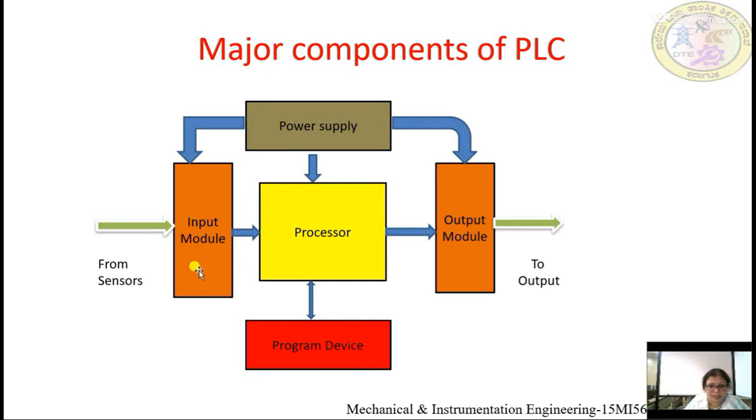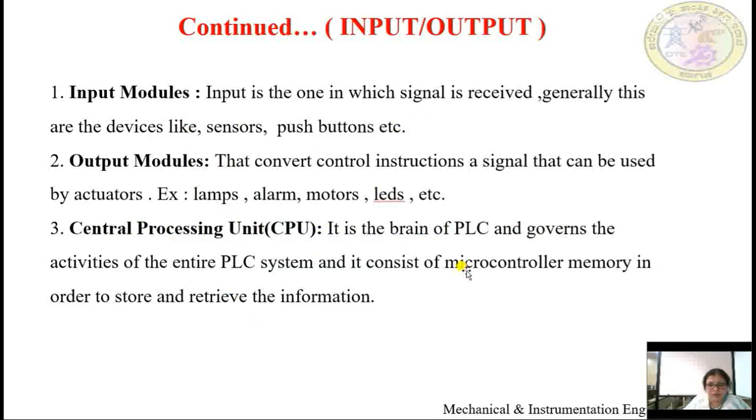As we discussed in the major components of PLC slide, there is the input module and the output module. The input module is the one in which a signal is received or given. Generally, these devices are sensors, push buttons, or any kind of switches.